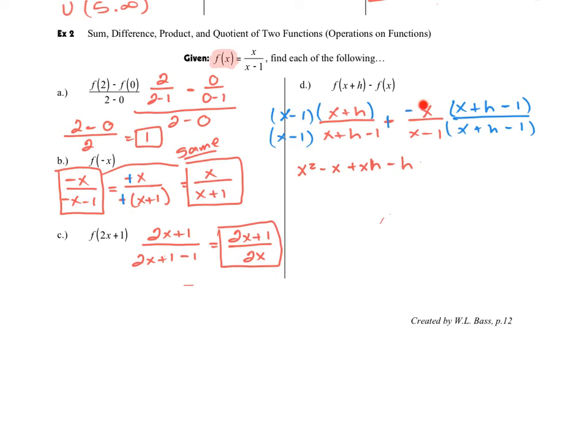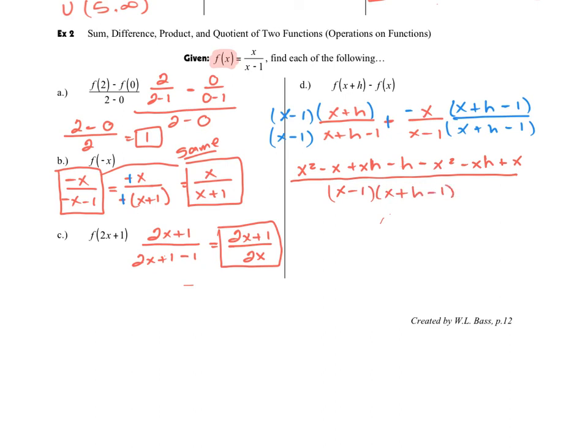It's going to help me when I go to distribute this x to each of these terms. So next we'll have a negative x squared minus an xh plus an x. And this is all over an x minus 1 and an x plus h minus 1. Don't need to FOIL that out.